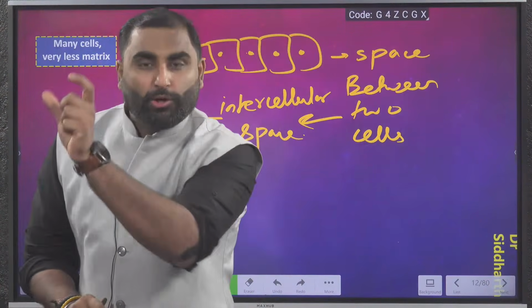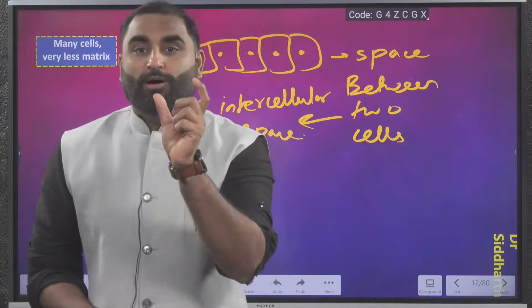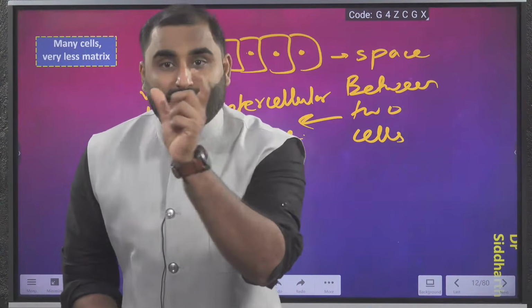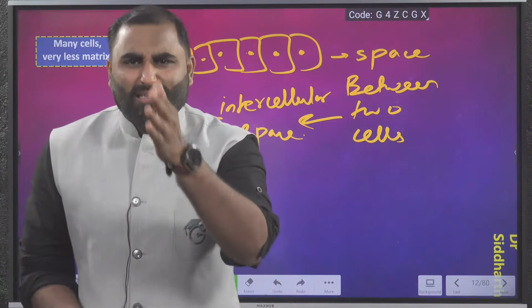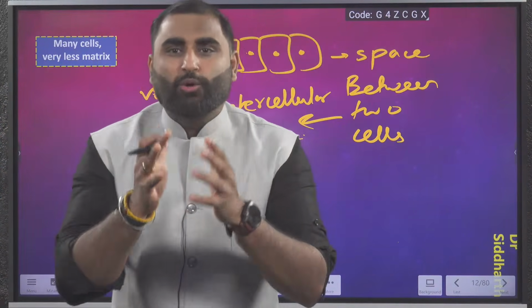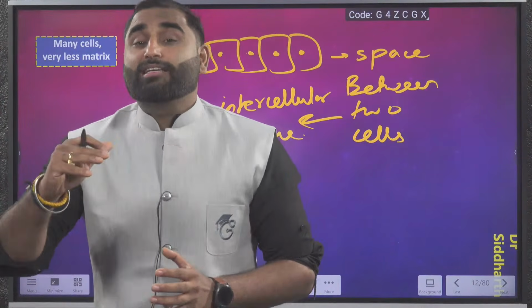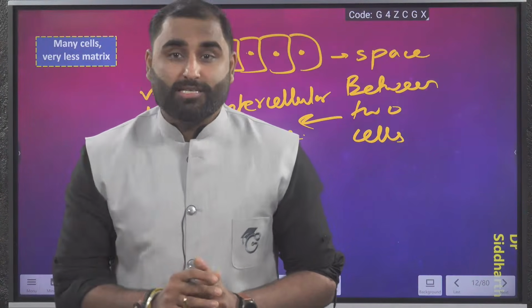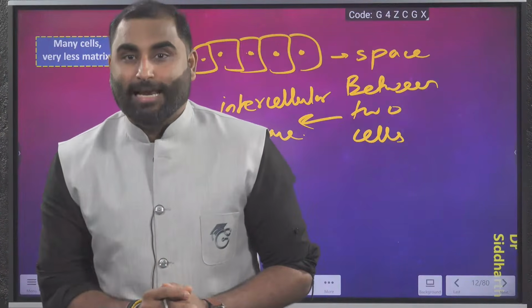All the bricks you are visualizing are the cells. A limited amount of cement is present between them, holding them together. That is the matrix, the intercellular or extracellular substance, because it is outside the cell.